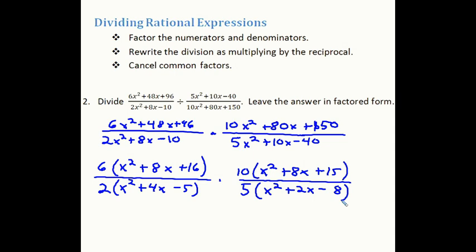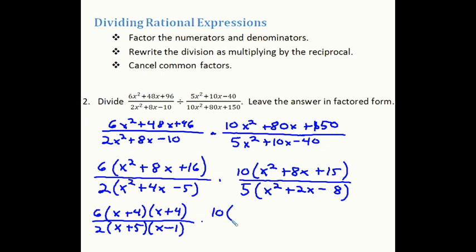We can continue factoring. Still have our 6. This will factor to x plus 4 times x plus 4. The denominator, we have our 2, and then factoring that, we have an x plus 5 times x minus 1, times 10.